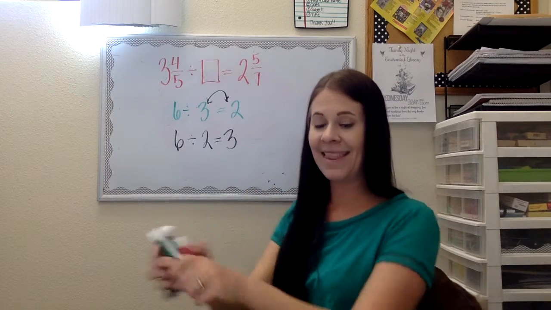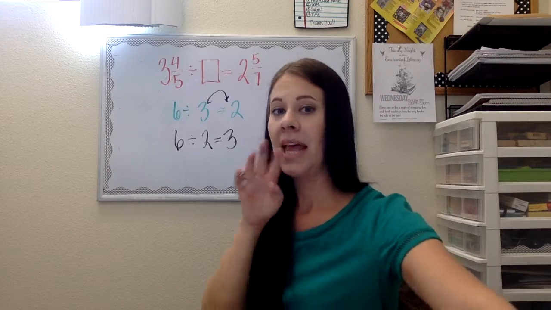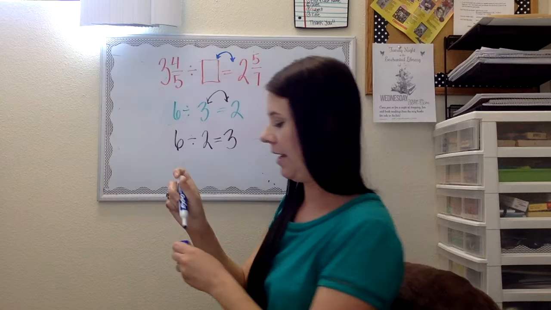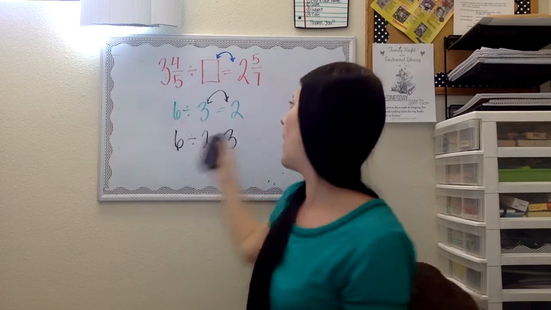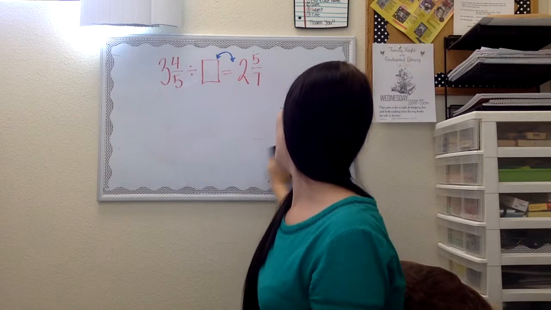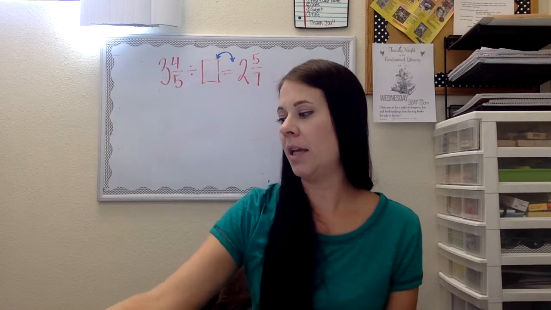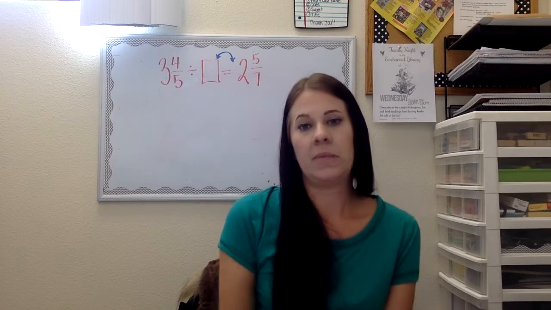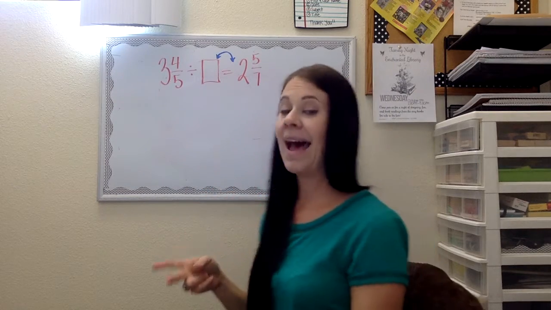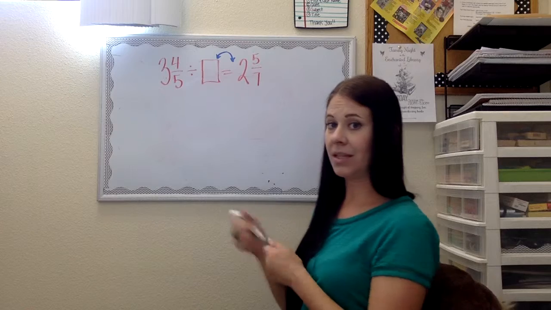So for a problem like this, what we need to do is switch these two numbers and we'll get our answer. I'm going to finish out this problem and remind you of a couple other rules. There is a critical thinking problem you're going to do this week, and you're going to need this. So make sure you remember that and maybe watch this video again when you get to that worksheet.